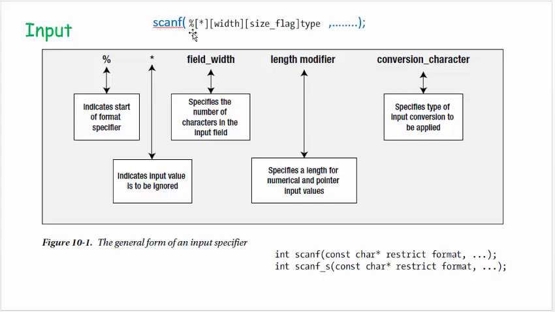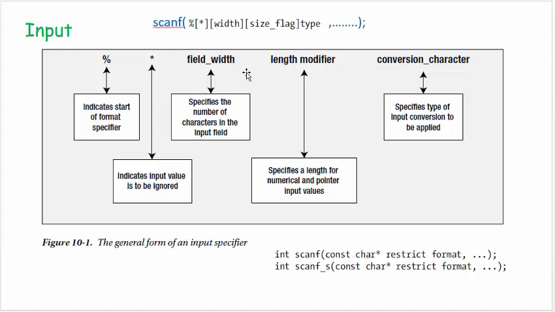It always starts with the format specifier, and then I have some similar options here, and there'll be some arguments here, like the thing that you scanned in, where you're going to put it, the address of where you're going to put it. So once again, a format specifier always begins with a % sign. We have something new here, an asterisk, which in this case, in a scanf command, means that the input value is to be ignored. I will show you that by example.